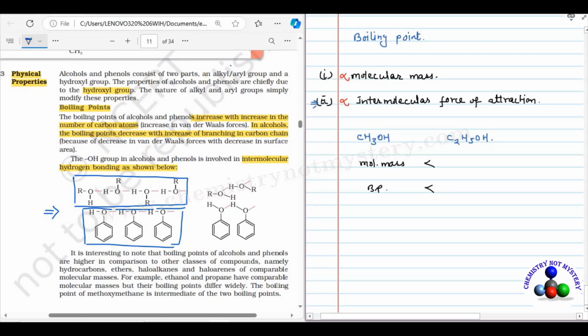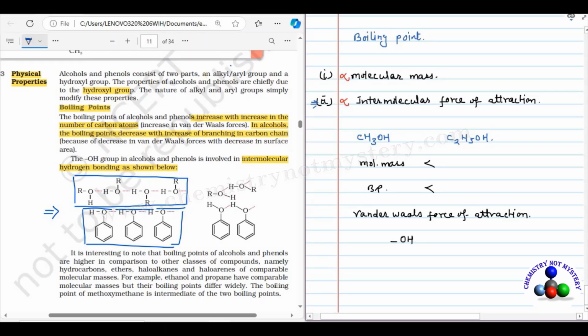Now come to the next factor, which is intermolecular force of attraction. All the molecules have weak van der Waals force of attraction. In alcohol and phenol, there is an OH group.